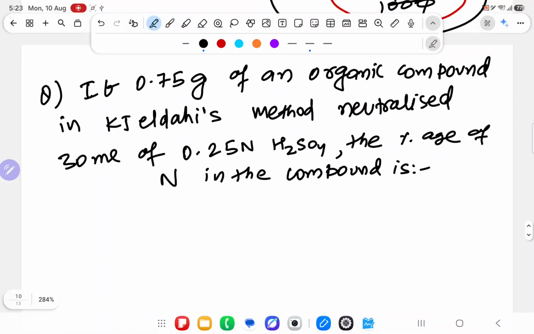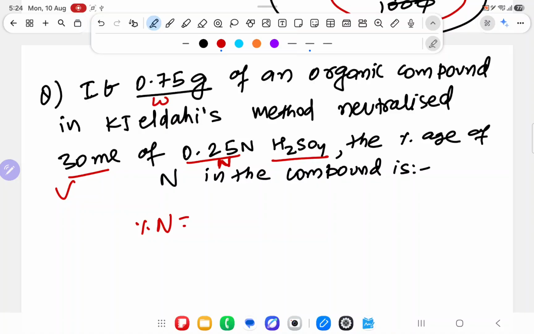In this question they are saying we will find the percentage of nitrogen in an organic compound of weight W containing neutralization of 30 ml. Volume given, normality given, H2SO4 given, but previously molarity was given. Here normality is direct.